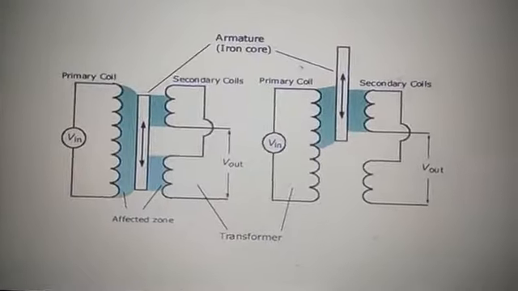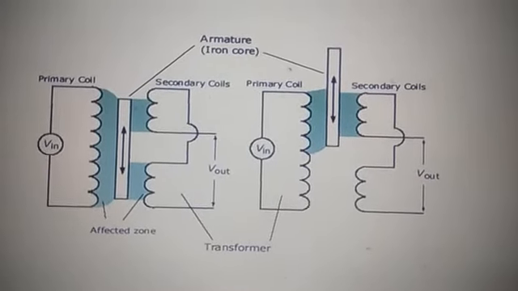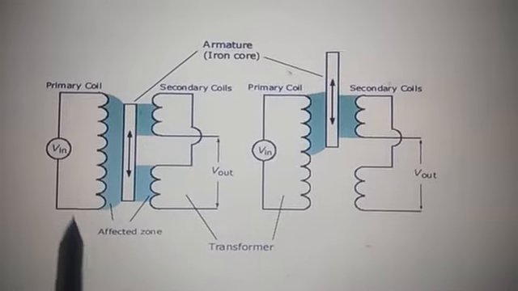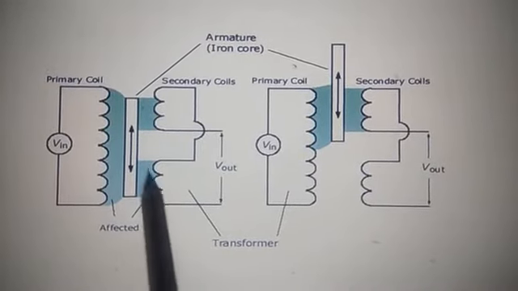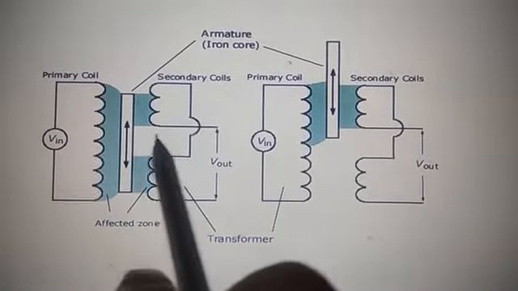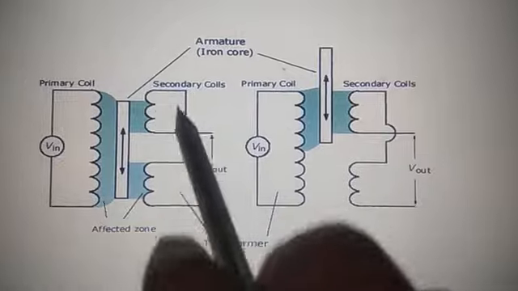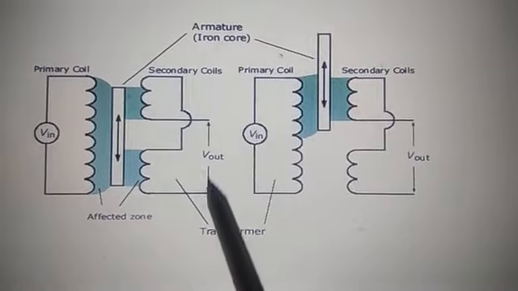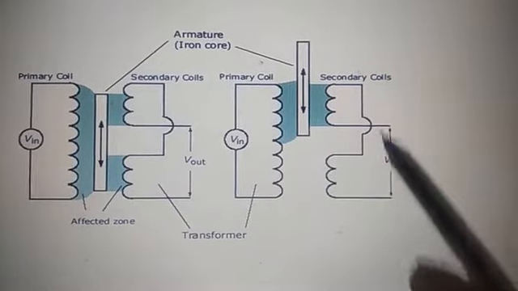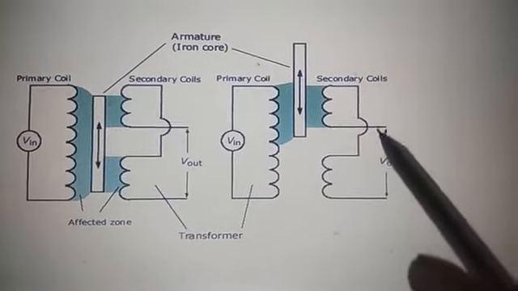This is the schematic of the LVDT. This is the primary coil. And this is the armature iron core. This is the secondary coil here. And this is the output of the first secondary, and this is the output of this secondary.